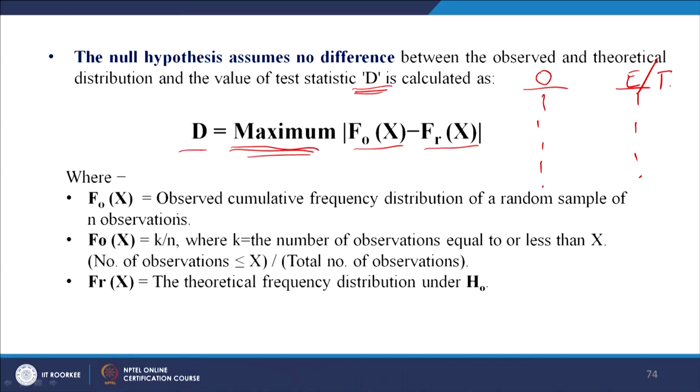F0(x) is given by k/n, where k is the number of observations equal to or less than x, and n is the total number of observations. And Fr(x) is the theoretical frequency distribution, the expected one under H0.